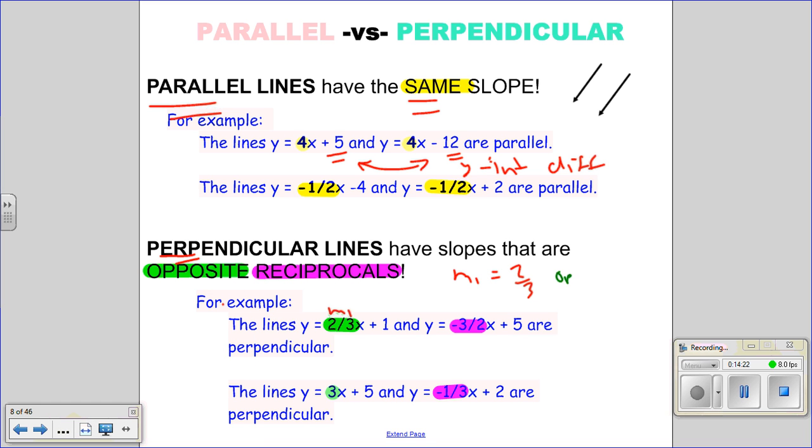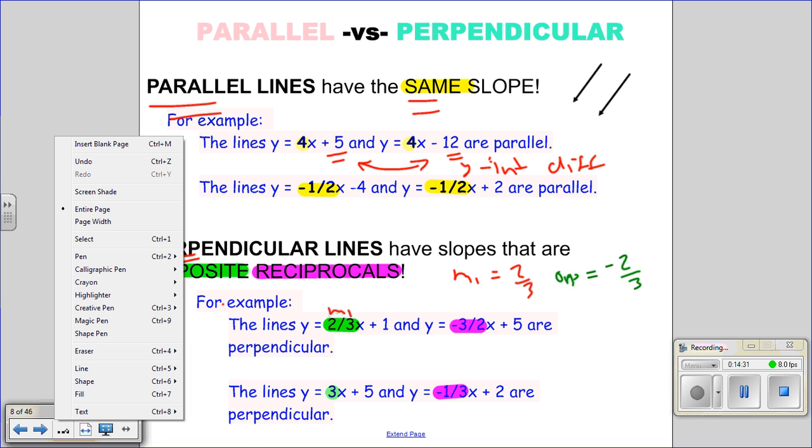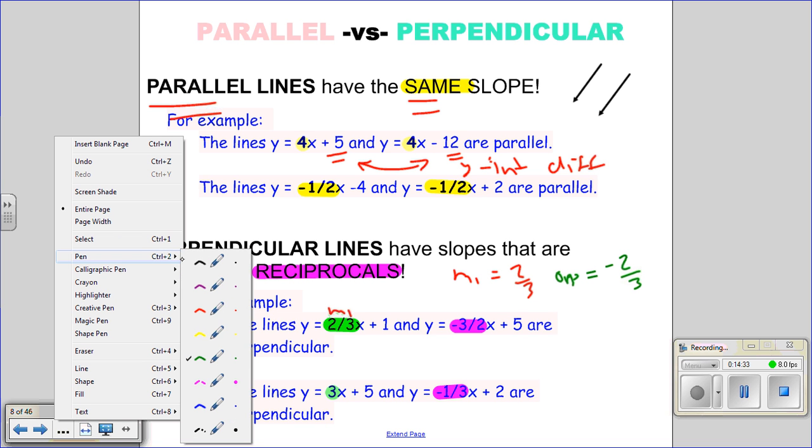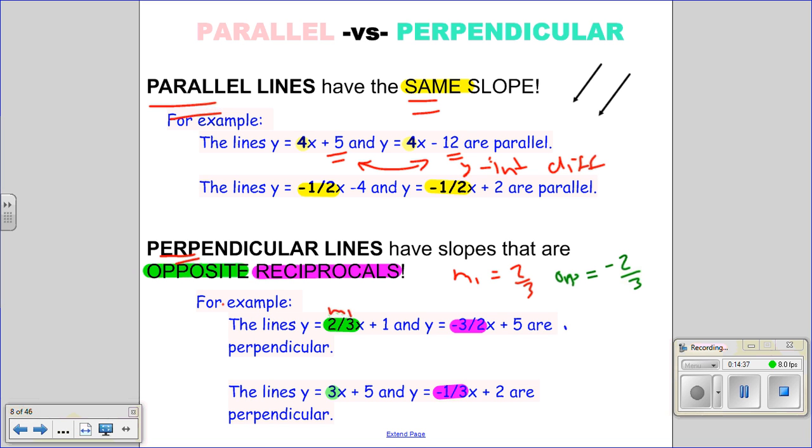So the opposite would be negative 2/3. And then you write the reciprocal of that. Reciprocal means to flip it around or flip it over. So the reciprocal of negative 2/3 is negative 3/2.